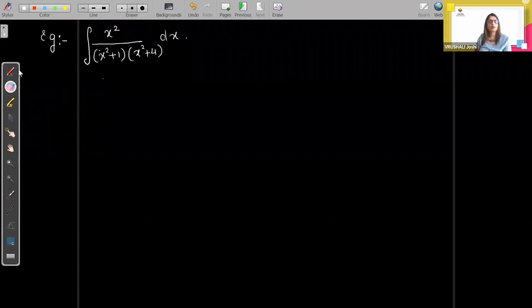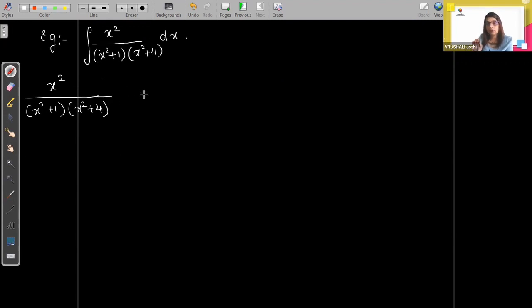Let's not get into integration. Without integration, correct? So we will write this x square by x square plus 1 into x square plus 4. There is no integration here so we don't need to differentiate, because after differentiating this will get complicated.